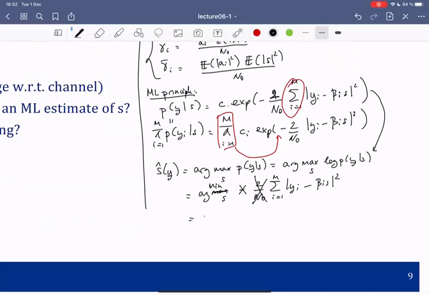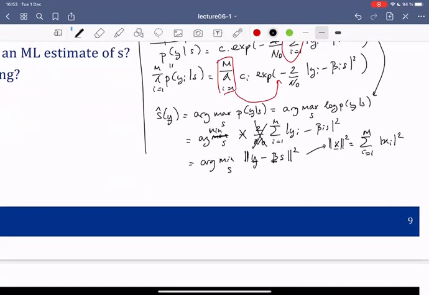And I can write this also compactly as arg min over s of the vector norm y minus beta s squared. Here I've used the vector norm, which is defined as follows. For a vector x, the norm squared is just the sum over all of the entries xi squared. That's the definition.